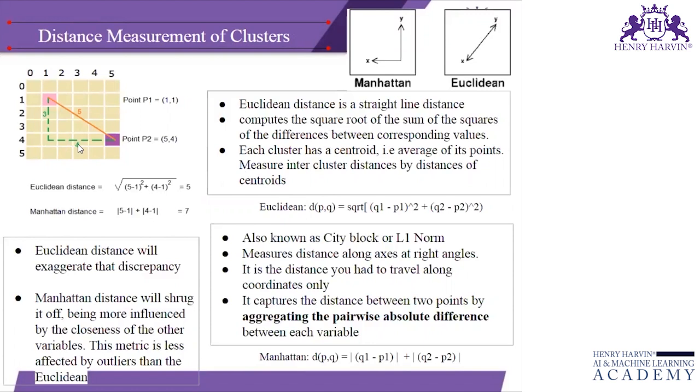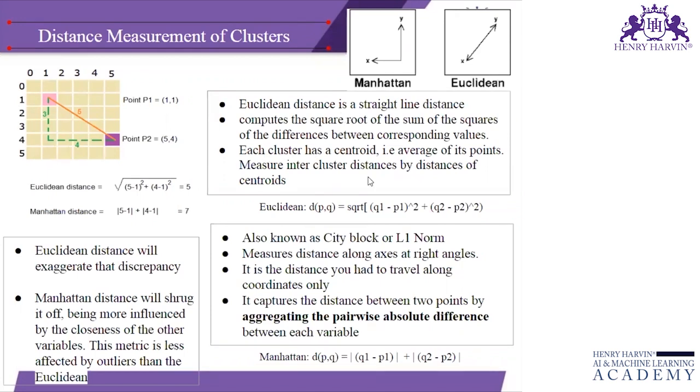So it will take 5 minus 1 points. Here you can see it is 1, 1, and at point 2 it is 5 and 4. So the distance will be calculated as 5 minus 1 whole square plus 4 minus 1 whole square, and its square root. So it is the Pythagoras theorem wherein we are calculating the hypotenuse of this triangle, and it will be the Euclidean distance for clusters.